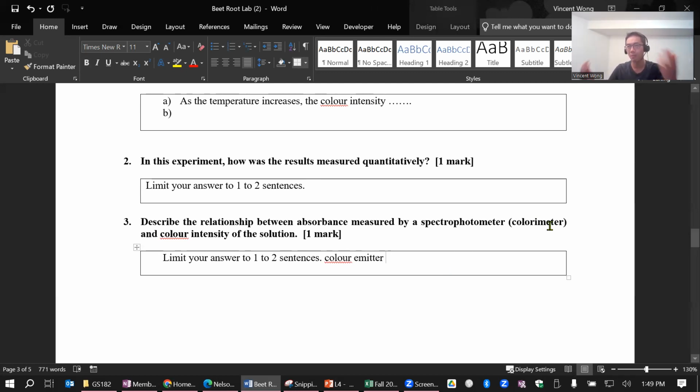It's a meter that measures color. Even though the captions might say something else, remember the captions are auto-generated on YouTube, so it might not be accurate. Colorimeter, I think that's what she's calling it. So describe the relationship between absorbance measured by the colorimeter and the color intensity.